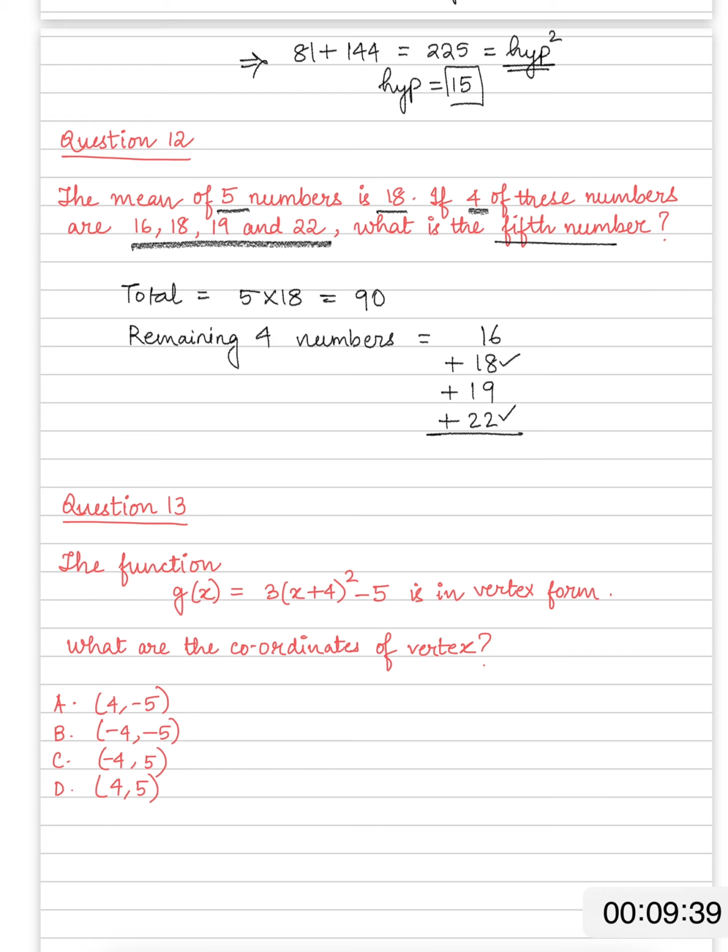That gives us 75. You can definitely use a calculator for this. So fifth number will be 90 minus 75, which is 15. So this is our solution for this question.